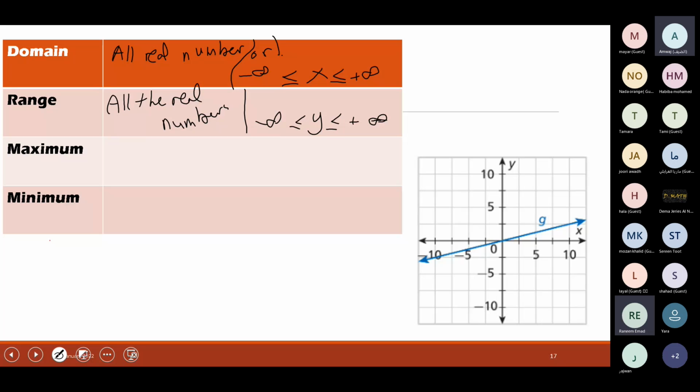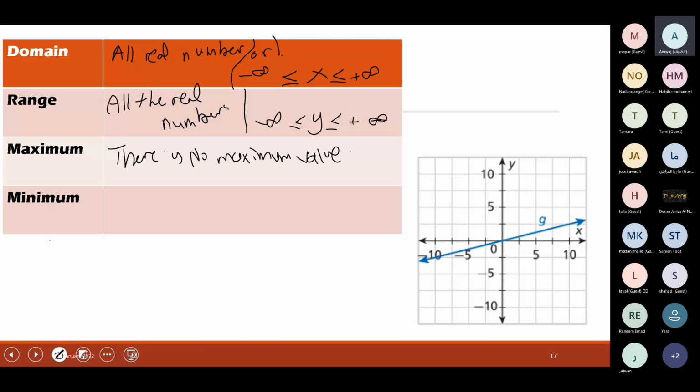Exactly. Can you tell me where the maximum point is if you don't know where it stops? No. So you will say there is no maximum value, because the range ends at positive infinity, and that means you don't know where it stops. Since you don't know where it stops, there is no maximum value.